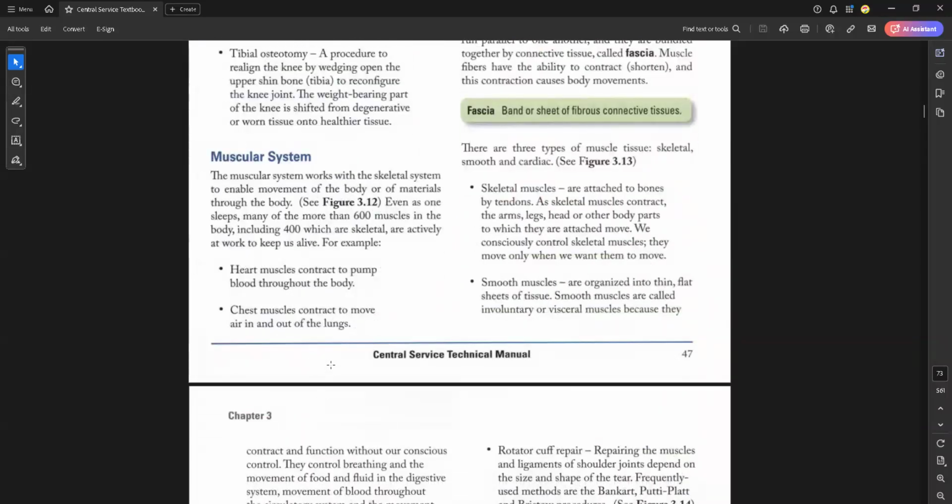The muscular system. So when you hear about the muscular system, we are talking about the muscles. When people are playing soccer, football, I'm talking about football. Well, I can talk about the American football also, or when they are running, Usain Bolt.